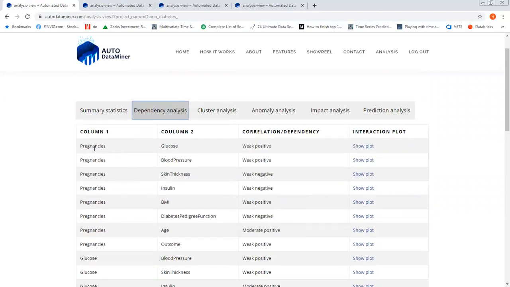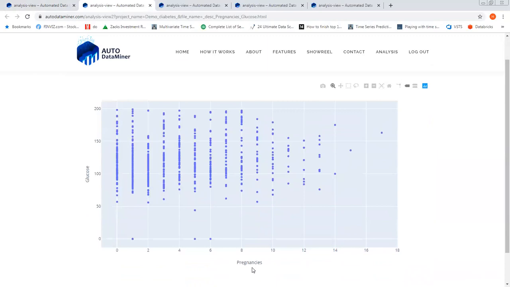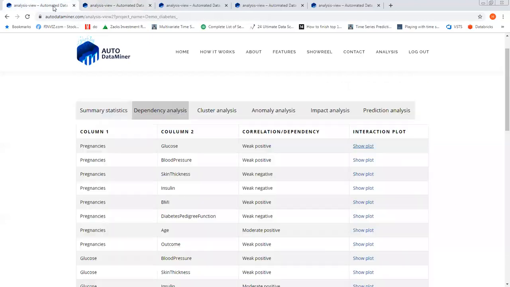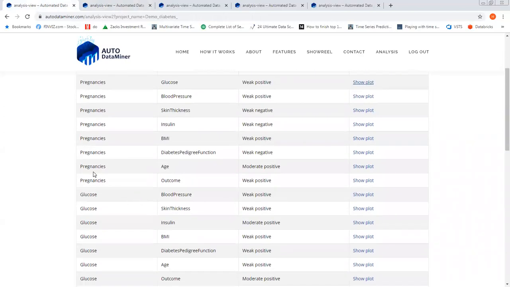If I consider pregnancies and glucose and click on show plot, you see pregnancies and glucose again. For example, people with 0 pregnancies, their glucose level ranges from 57 to 198. So you can see the interaction between those two variables. You can select any of those. For example, pregnancies and age.